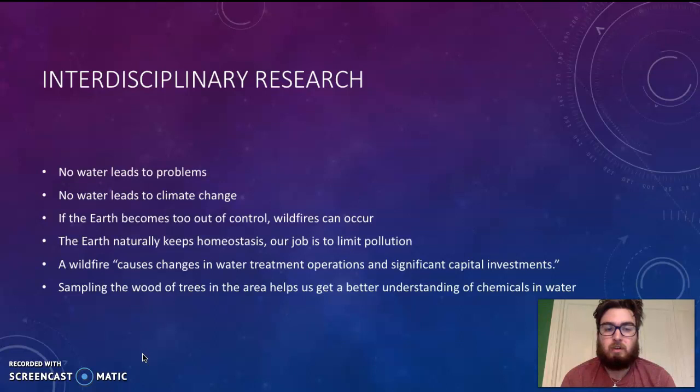I believe that the Earth naturally keeps its own homeostasis, which basically is nature's way of working itself out to become the most healthy that it possibly can be. And these wildfires do indeed cause changes in water treatment operations and require significant capital investments.